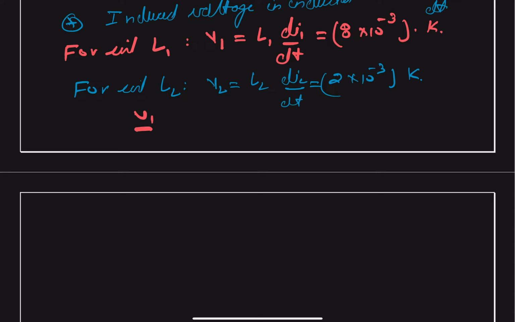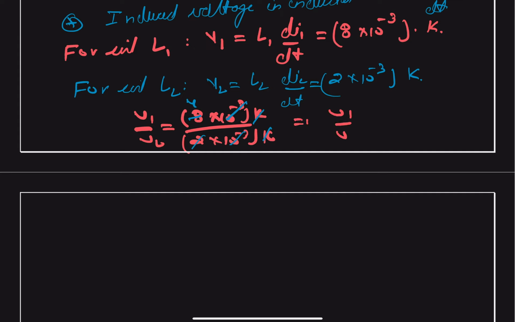V1 upon V2 is equal to 8 times 10 to the power minus 3 multiplied by k divided by 2 times 10 to the power minus 3 multiplied by k. These two cancel out, and 8 by 2 goes to 4. So we get V1 upon V2 is equal to 4.